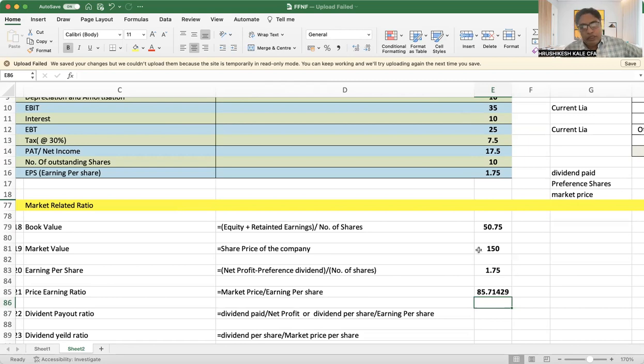Now, industry to industry, this changes, but this tells us whether the company is overvalued or undervalued. And this is a clear-cut indication. Now, P/E ratio is very important because, I'm repeating it again, it tells you for 1 rupee of earning, how much price you are paying per that share.